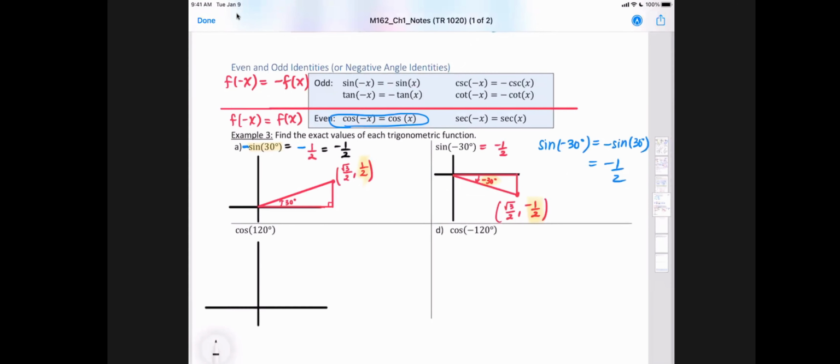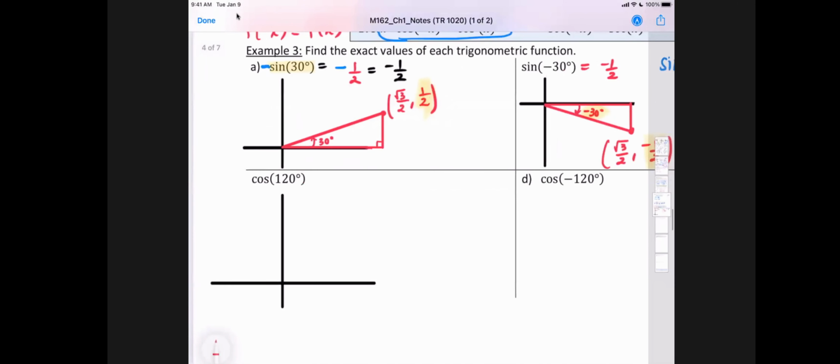So if we map it out, the angle, draw the picture, the positive 120 degrees terminates up here. And it was measured like this. Here's 120 degrees. It's 30 degrees past 90. And we draw our right triangle.